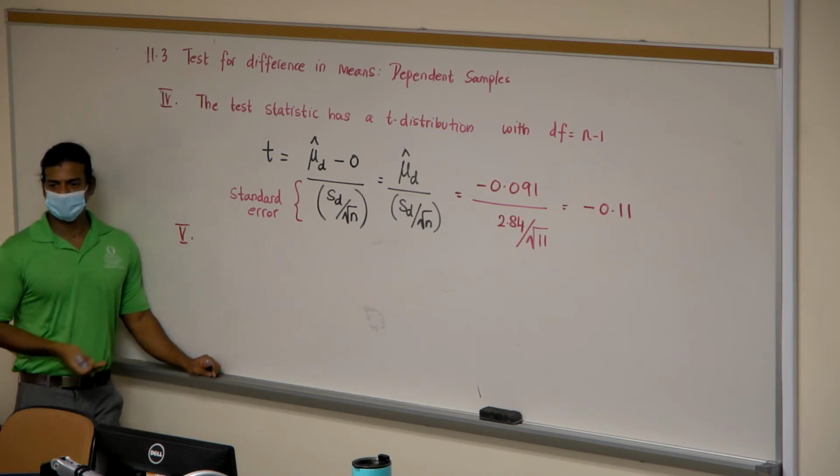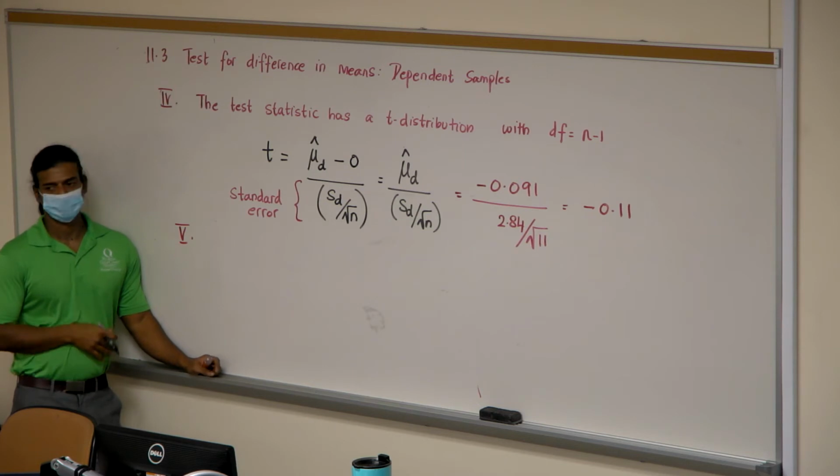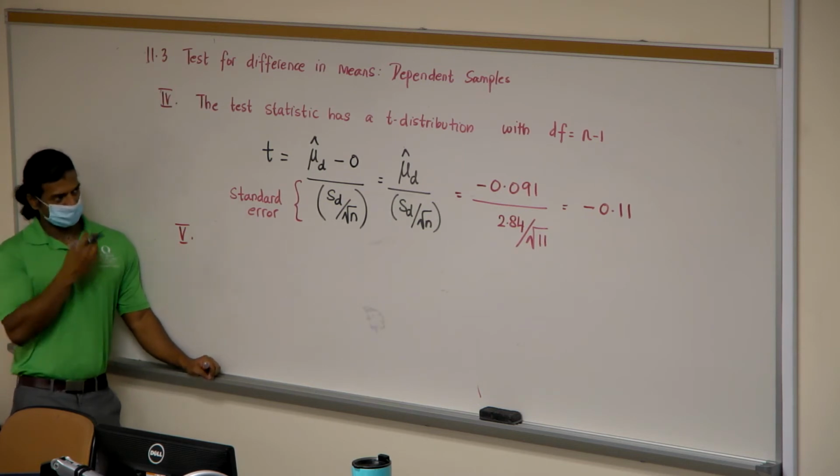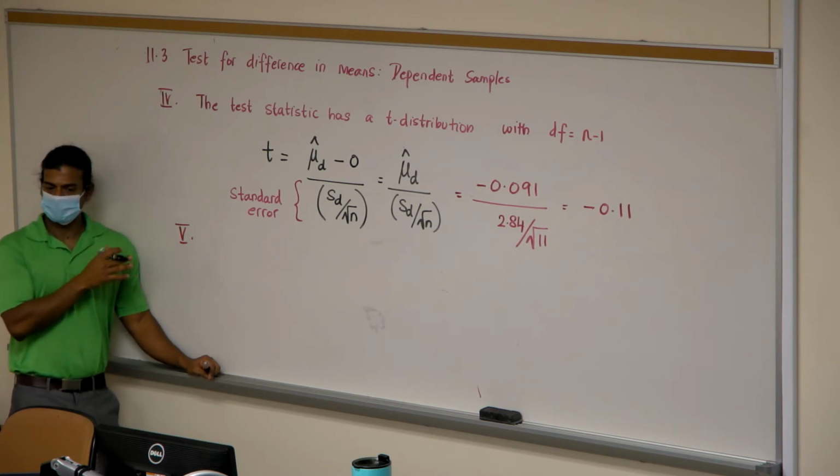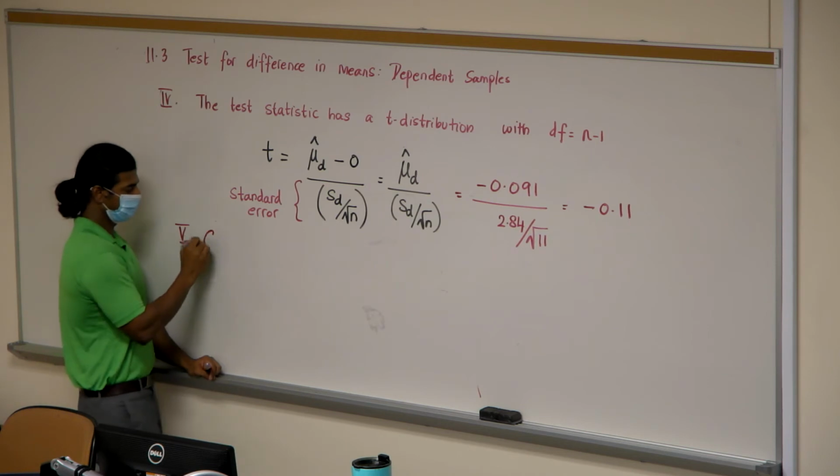What is the next step? Conclusion. To obtain a conclusion, there are two ways. We could either use the critical value method or the p-value method.